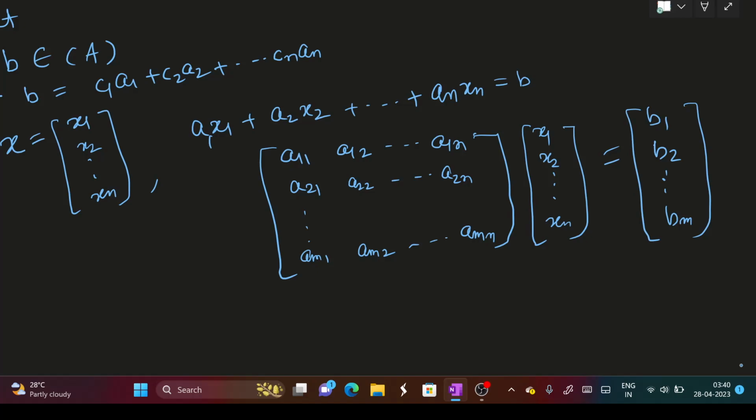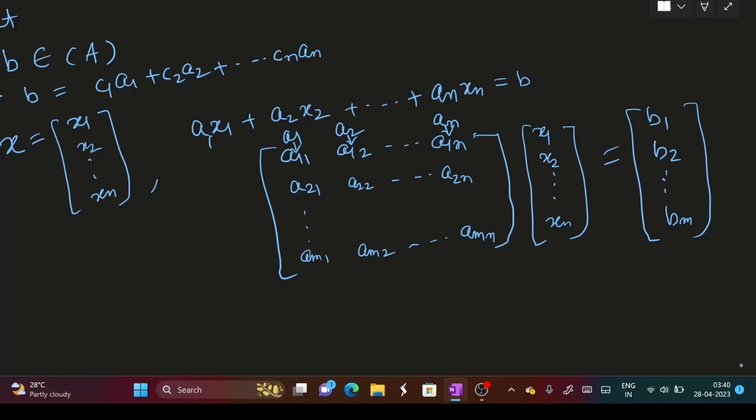Now suppose this is my a1 column, this is my a2 column and so on, this is my an column. I have given these columns the names a1, a2, a3 like this.